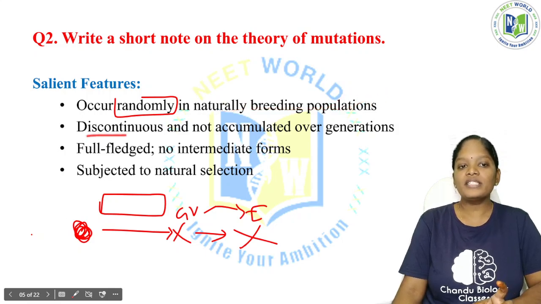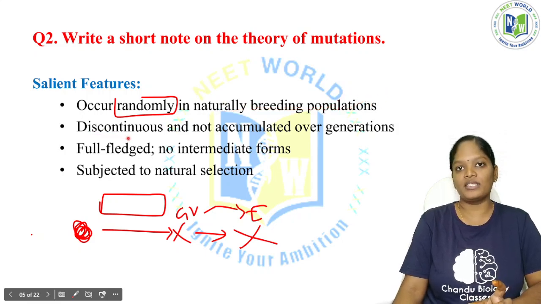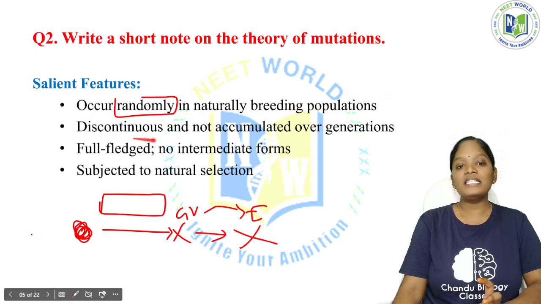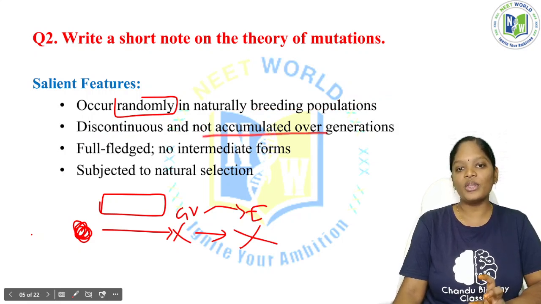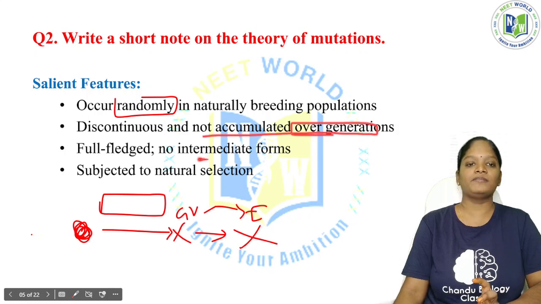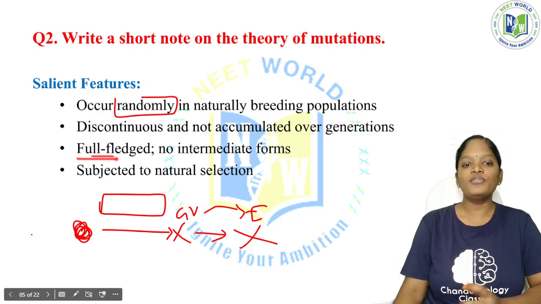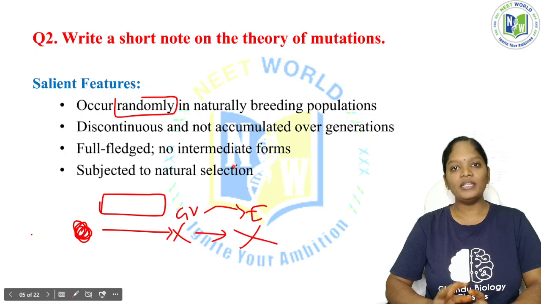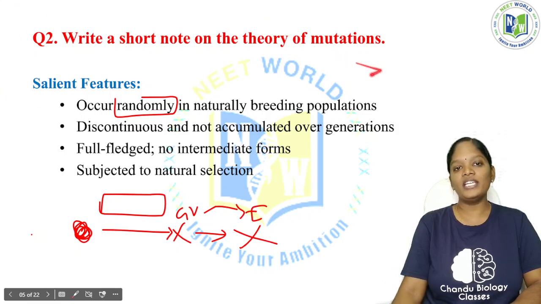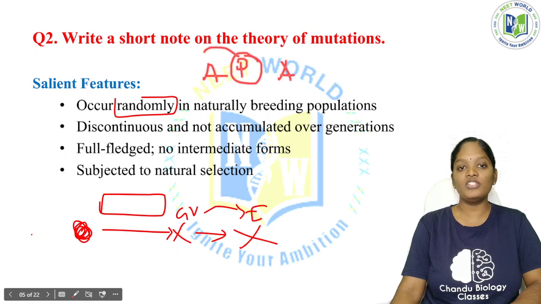Now, it is discontinuous, not continuous. Mutation is discontinuous, and it is not accumulated over generations. It is full-fledged, with no intermediate forms. In the animals we have studied, there is annelida and arthropoda, and Peripatus has characteristic features of annelida and also of arthropoda.